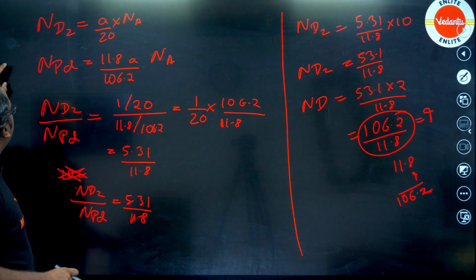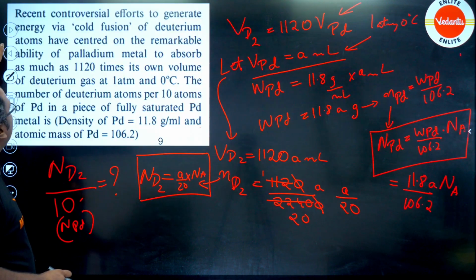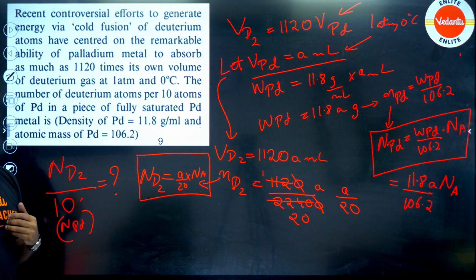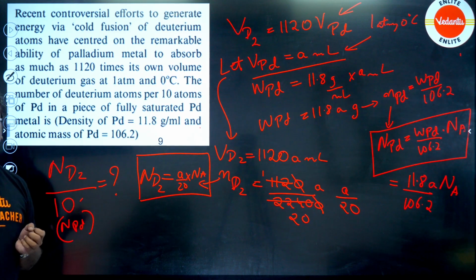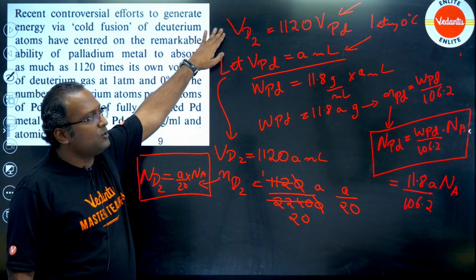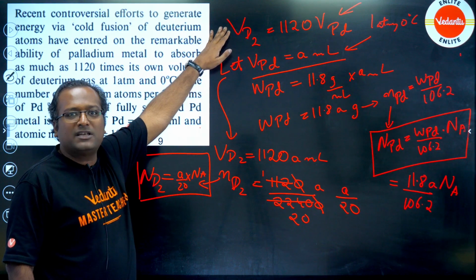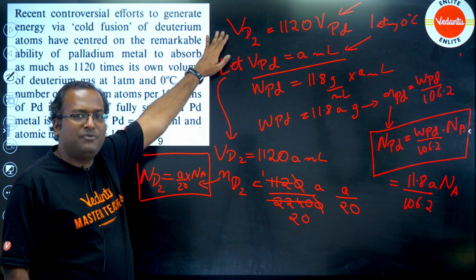Let me go back and cover the explanation one more time for you. The question says deuterium is to get adsorbed on palladium, and they give us this data to start off with. So we start solving the question with this data itself.